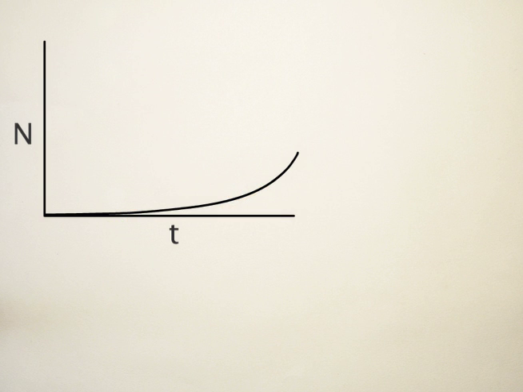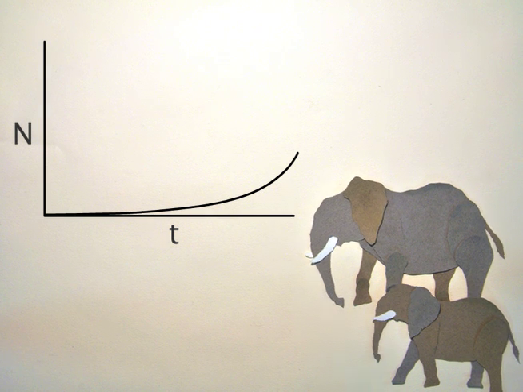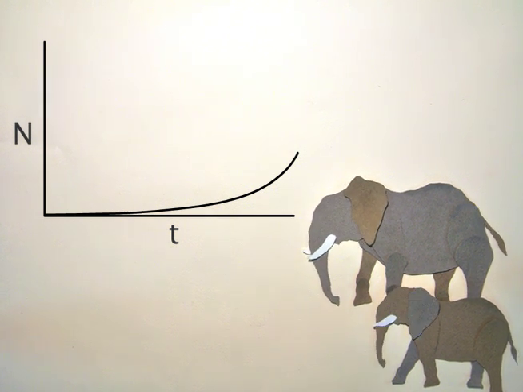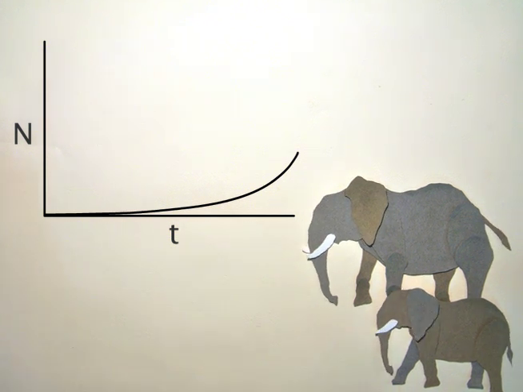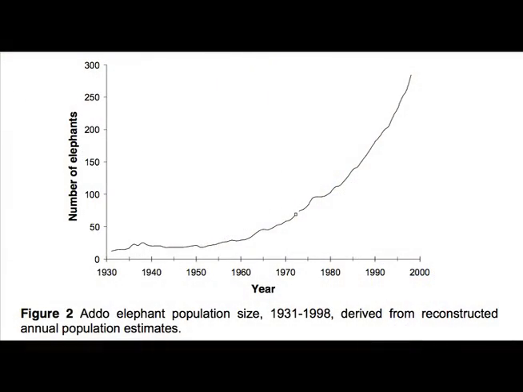R can change even within a species, such as with our elephants. Before the elephant preserve was established, R was low and probably negative. But after the preserve was established, death rate decreased, allowing R to increase. And look how well our exponential curve models the actual elephant population.